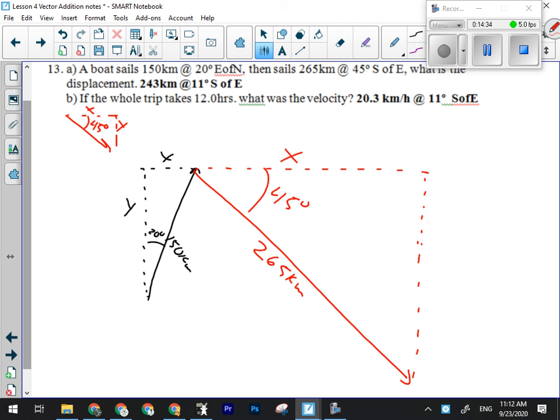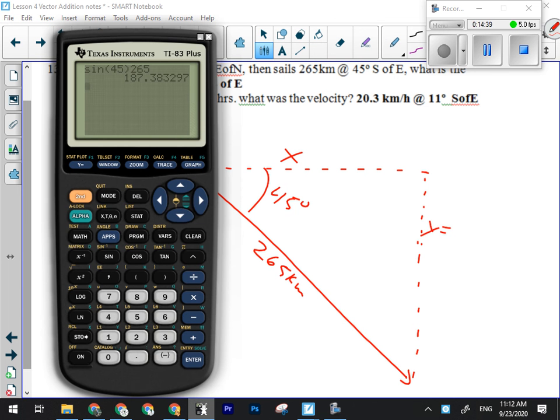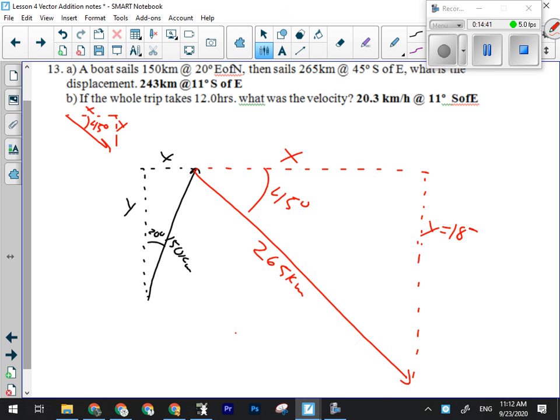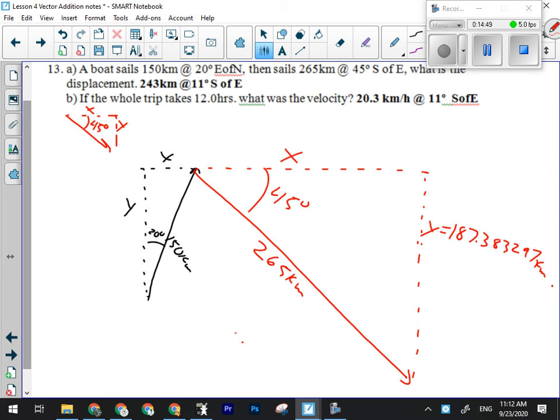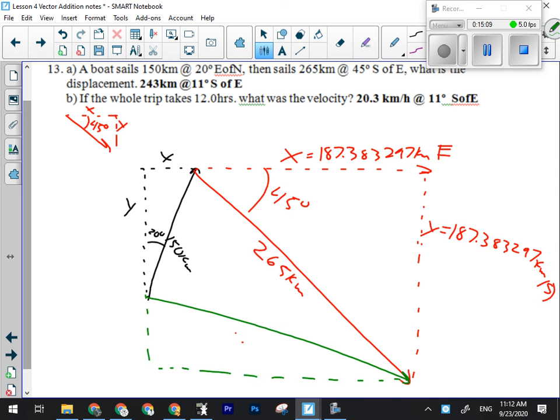Here's X, here's Y, and I already know how long these are because I just calculated it, 187.3 kilometers south. So there's my overall diagram and a couple of the x's and y's calculated. There's my resultants.